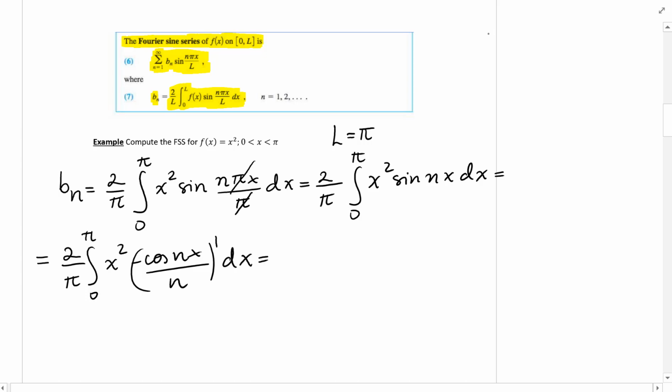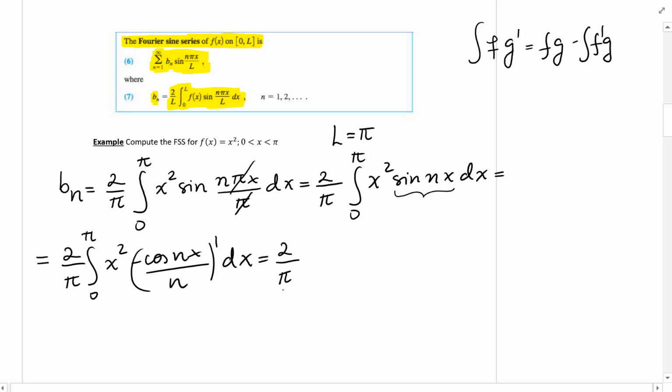I'm actually using integral of f g prime is f g minus integral of f prime g. So if I can write this function here as its antiderivative, so which function prime gives me sine of nx, then I can use exactly the formula above.